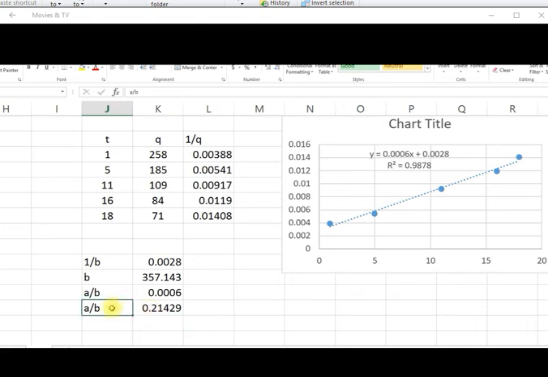So this is a, sorry, this is the a coefficient, model coefficient a, and model coefficient b.